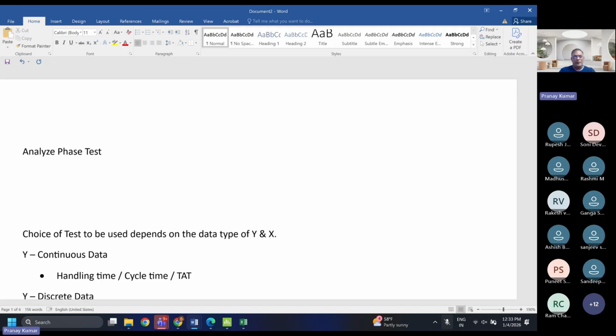So we are saying, as part of the analyze phase of Six Sigma, we want to validate which factors impact my project Y and how much is the impact.